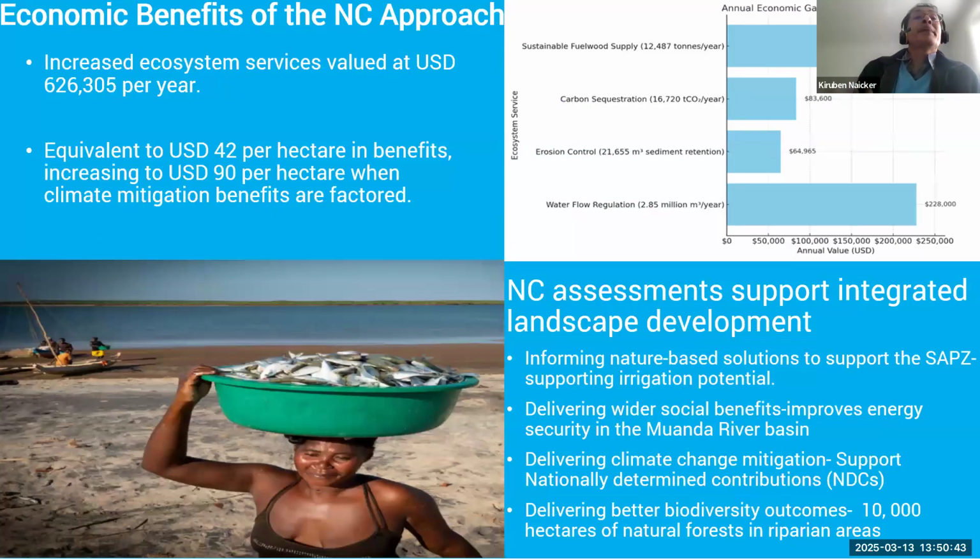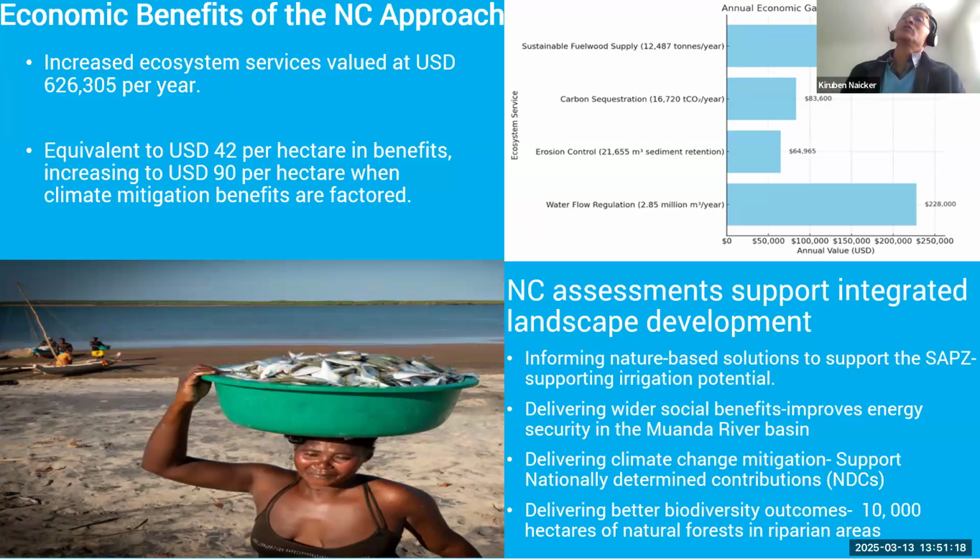So in terms of the economic benefits of the natural capital approach, the increased ecosystem services were valued at 626,000 US dollars per year, and this is equivalent to 42 US dollars per hectare in benefits that accrue to Mozambique from the agroforestry and afforestation interventions.